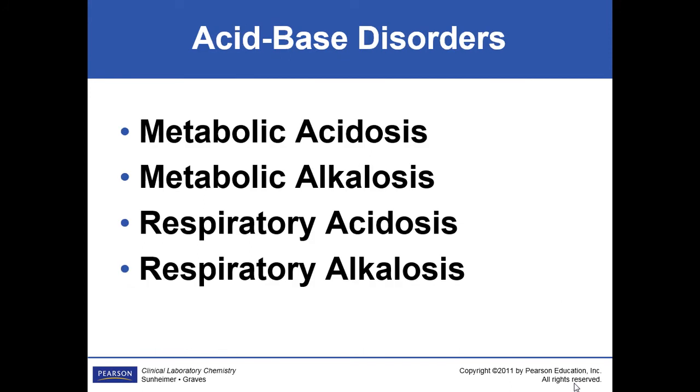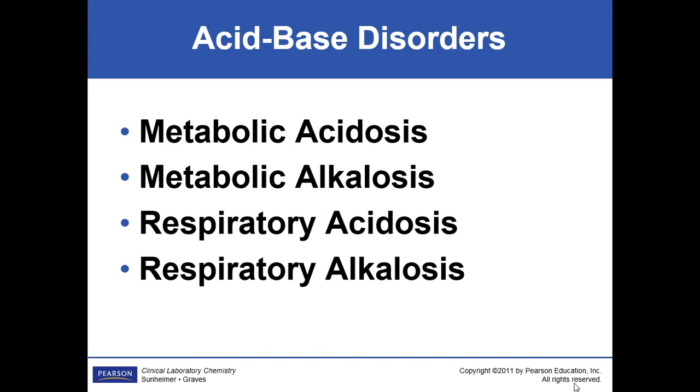We're going to talk about some acid-base disorders. It does get a little confusing, but we're going to learn some real simple steps to help you keep it straight. We've got 4, but it's composed of basically 4 words, okay? Metabolic, and which component did I just say was metabolic? The bicarb.